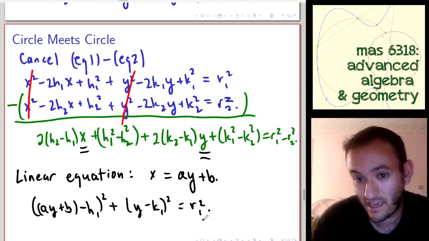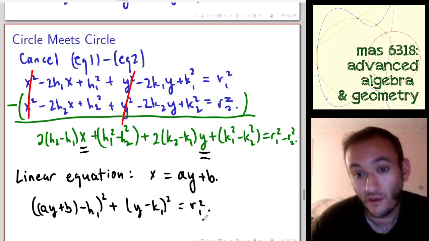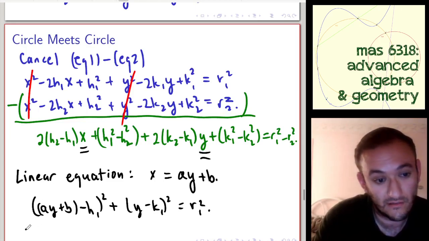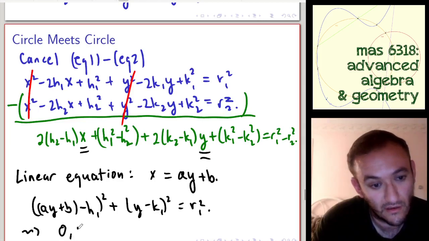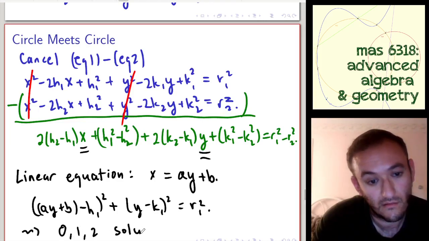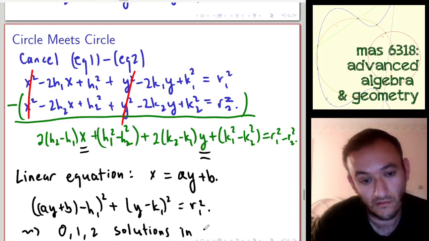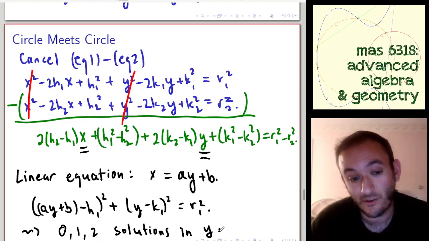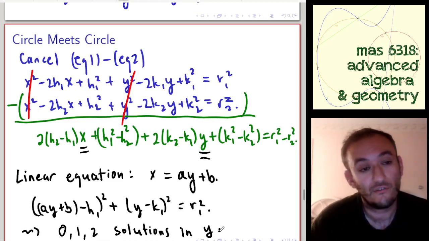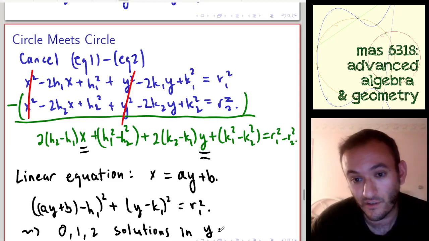And this is a quadratic equation in y, so that will have 0, 1, or two solutions in y, which explains why, again, we have 0, 1, or two solutions for the intersection of these two circles.